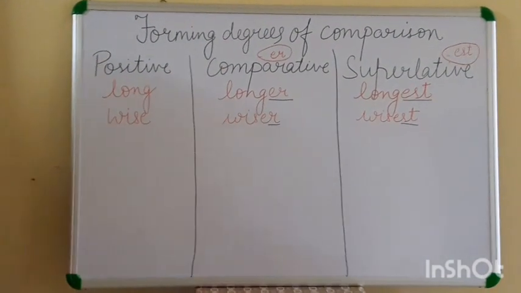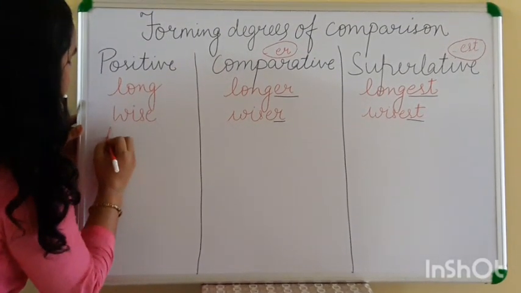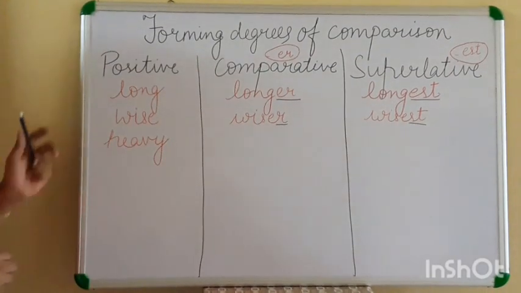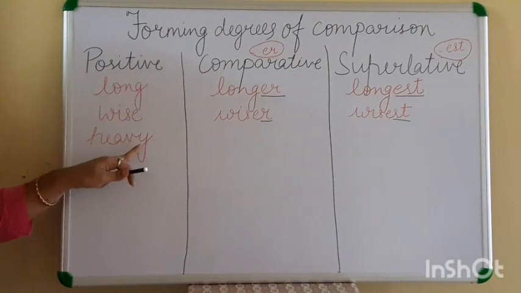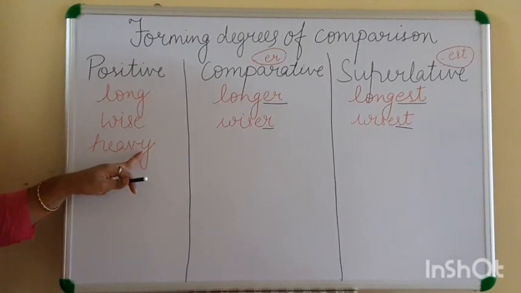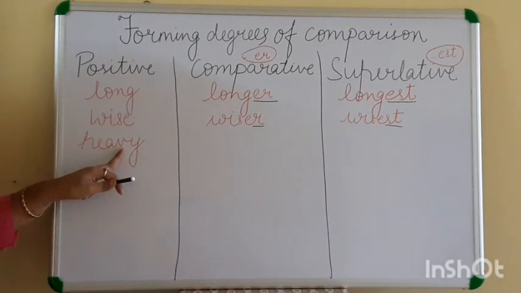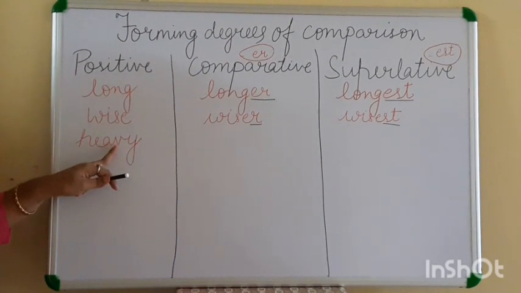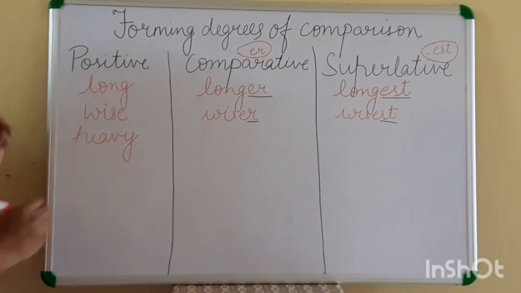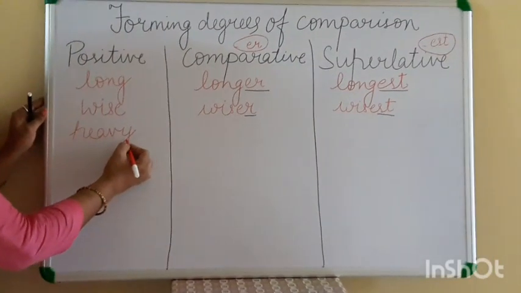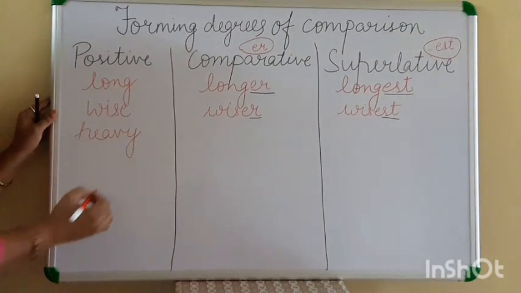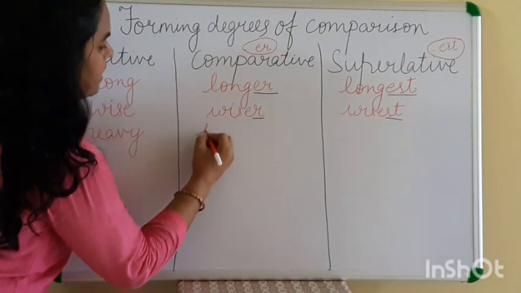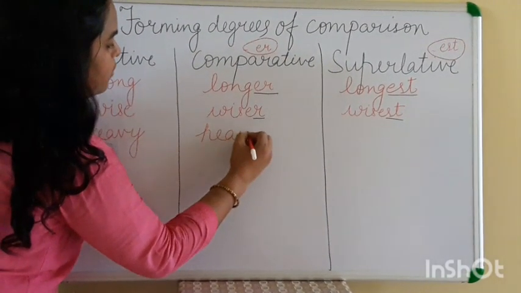Now suppose, children, I give you one more word, heavy. Now what you will do in this case, when a word ends with Y and you have a consonant before that Y, this is V. So you will change this Y into I and add ER, like this, heavier.